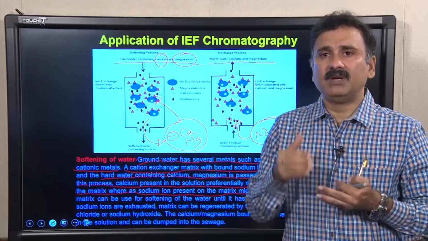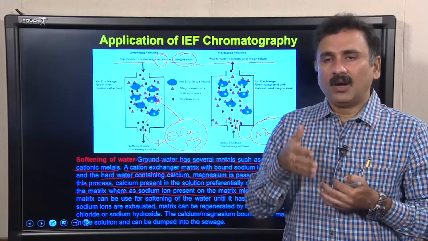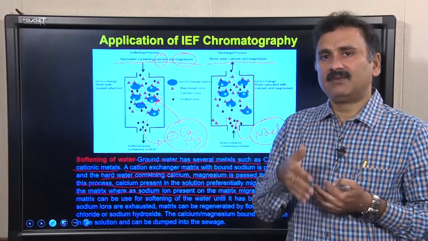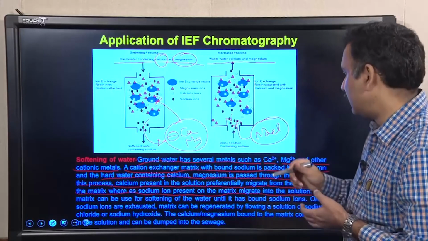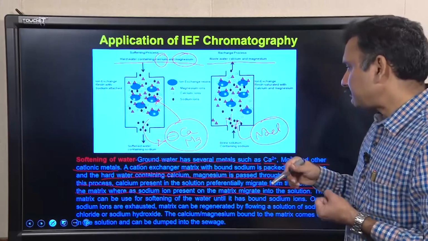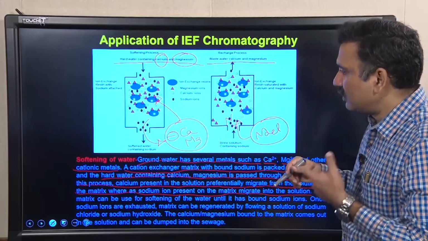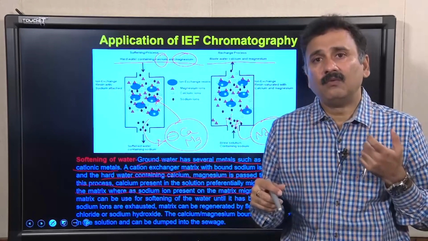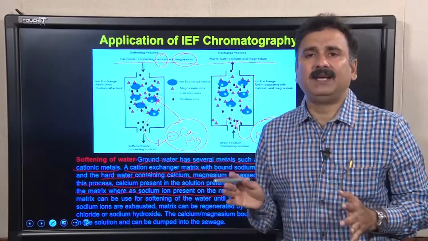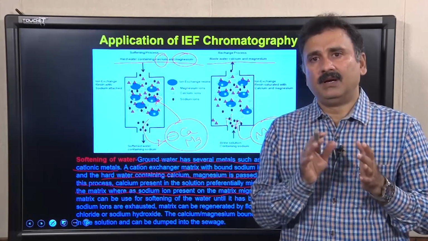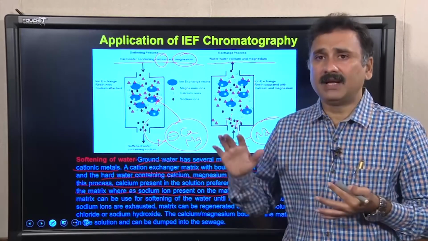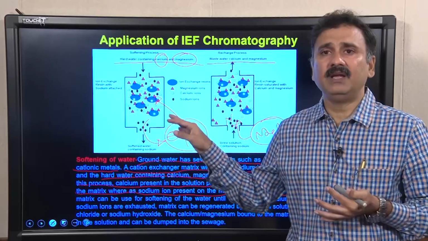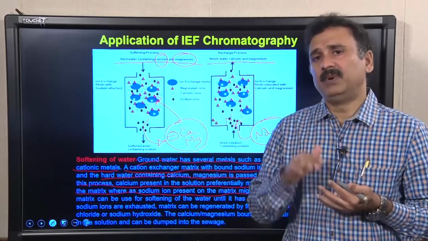That is how you can remove heavy metals and other transition metals, and remove hardness from the water. This is just a simple description of how cation or anion exchange chromatography can be used to purify water.